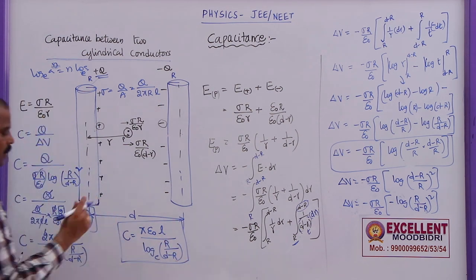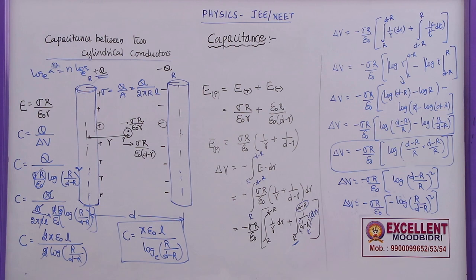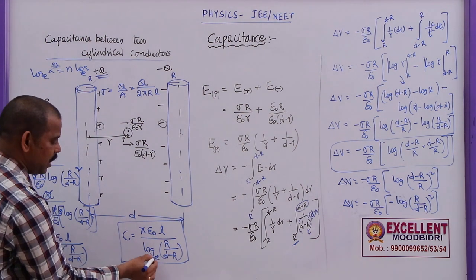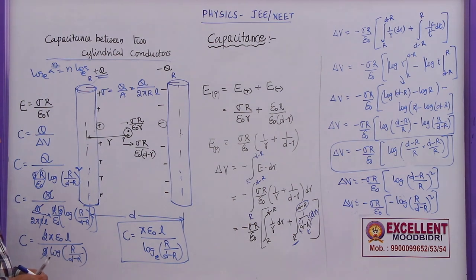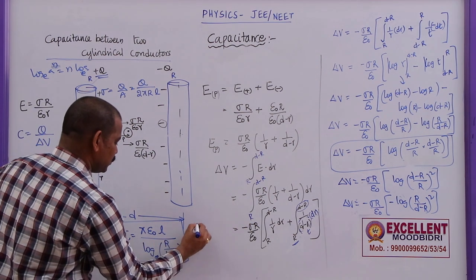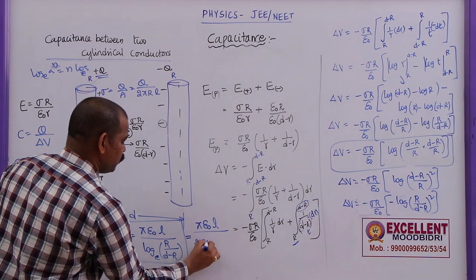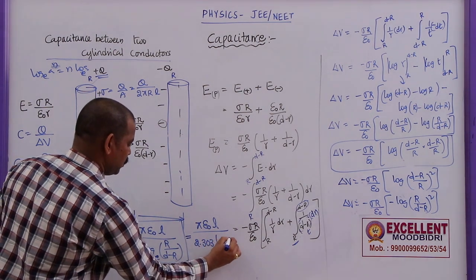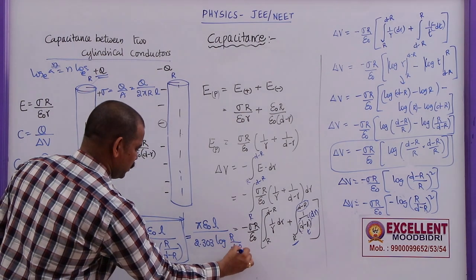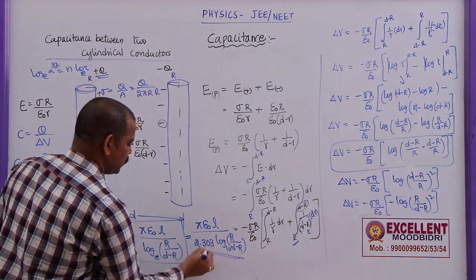So, this is the final expression for the capacitance of this cylindrical conductors. Here, in place of this log e, if you want to write in terms of log 10, the same expression can also be written as pi epsilon naught L by 2.303 log R by D minus R to the base 10.